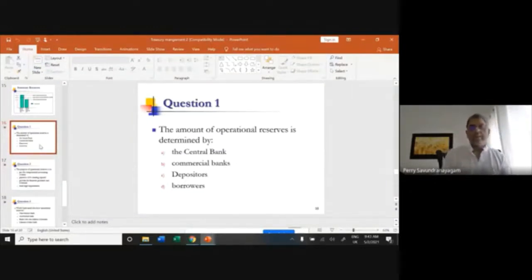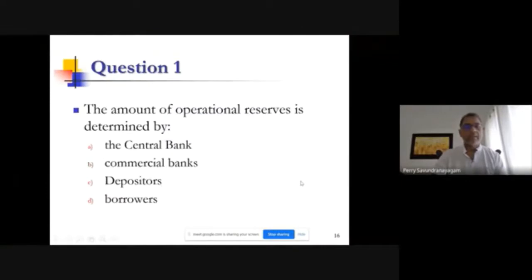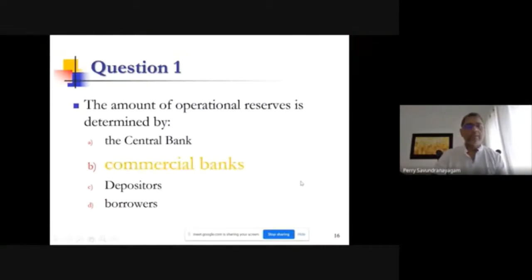So questions. The amount of operational reserve is determined by whom? Operational reserves. Commercial banks. The commercial banks, yes, correct. That's right.